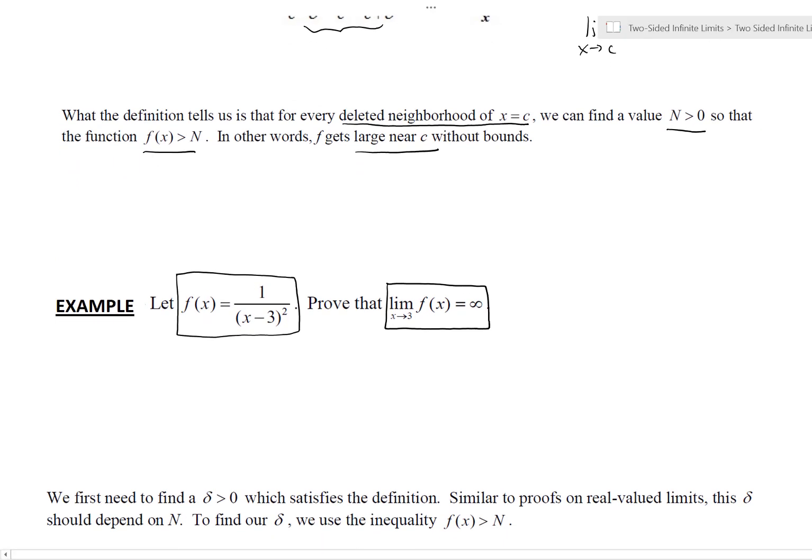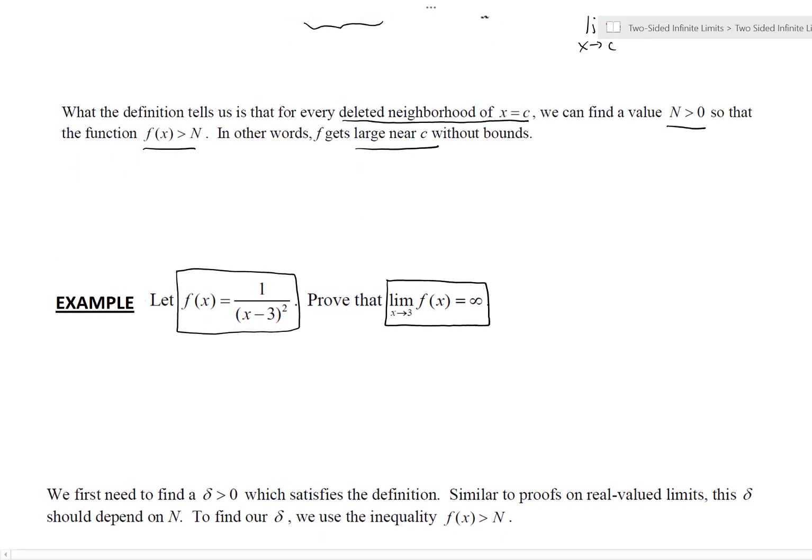Now, in order to prove this statement, very similar to how we showed how to prove a limit that is some real number for some function, we're going to have to find this relationship now with delta and n. So we've got to find some delta bigger than 0 that satisfies the definition that we need.